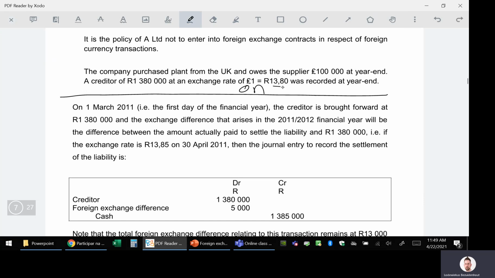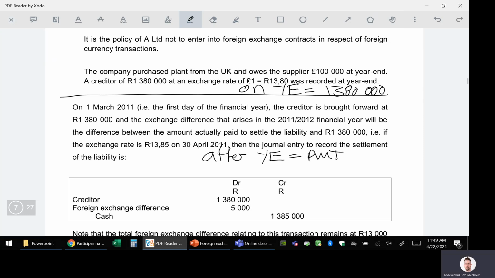So on year end, the creditor is in the books at 1380. Remember, it's a balance sheet item. So that closing balance of 1380 is our opening balance, and it's brought forward to the next financial year as 1380.